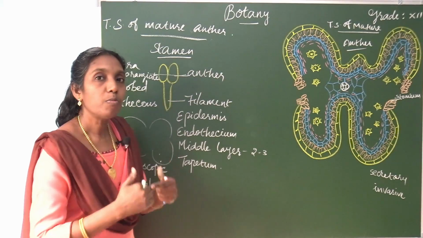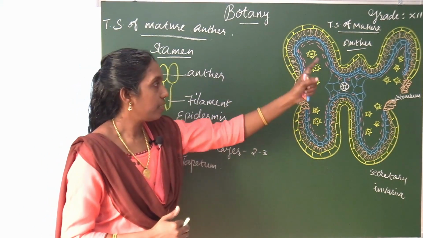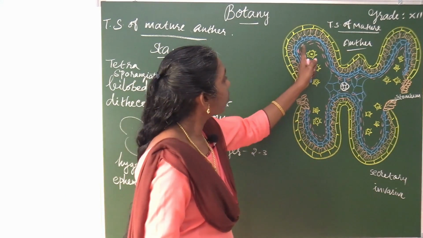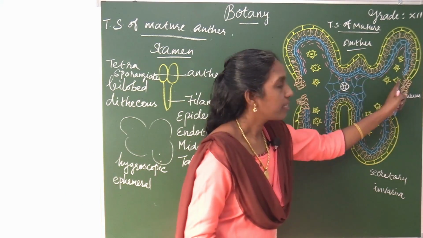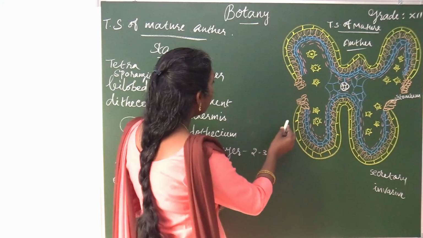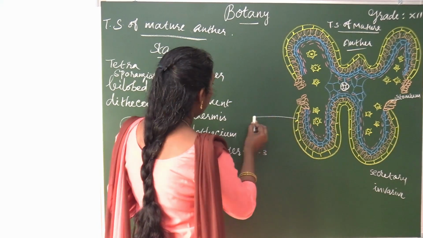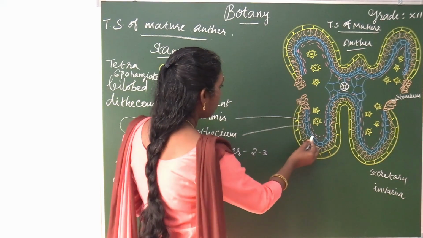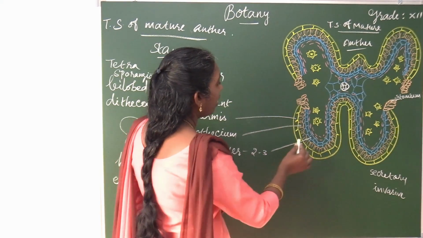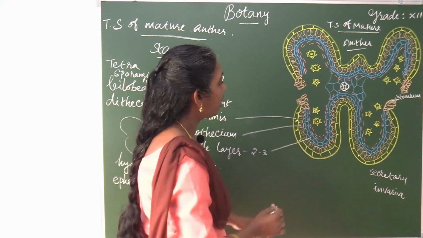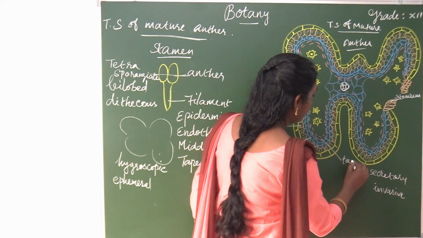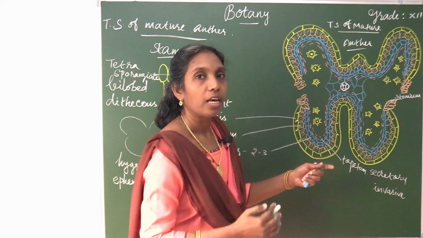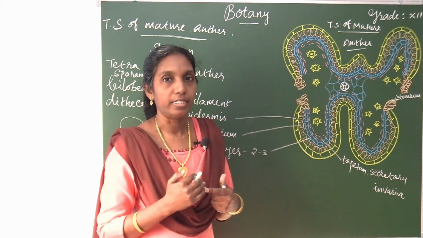Now, the innermost layer of this anther is called tapetum. So the outermost layer is epidermis, the next layer is endothecium, then the middle layer, and the innermost layer is called tapetum.